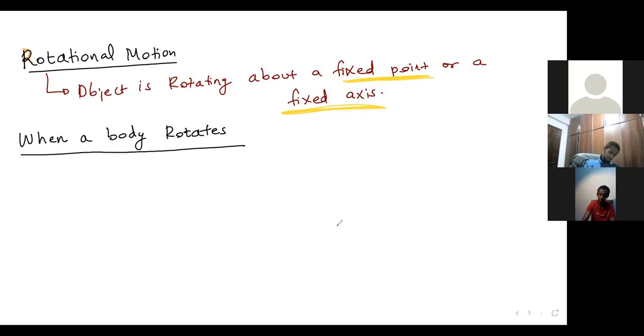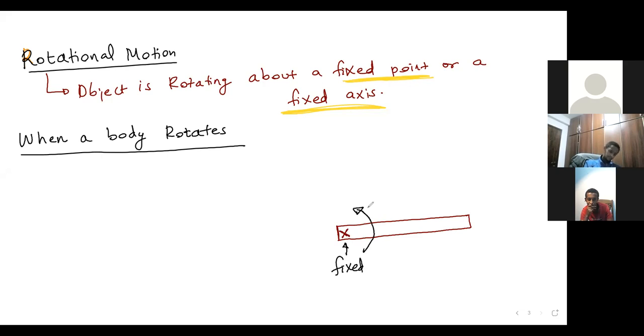This rod is rotating about this fixed point. When I draw a cross, it means this point is fixed. And the rod is rotating like this. It is having some angular velocity. I hope you're aware of angular velocity, omega, correct? Omega basically tells you how much angle you're covering in a given time.